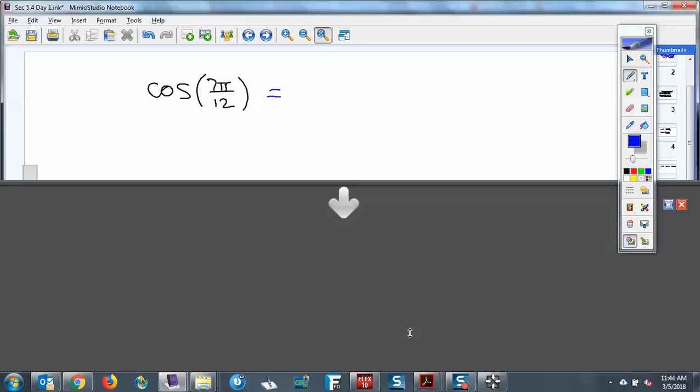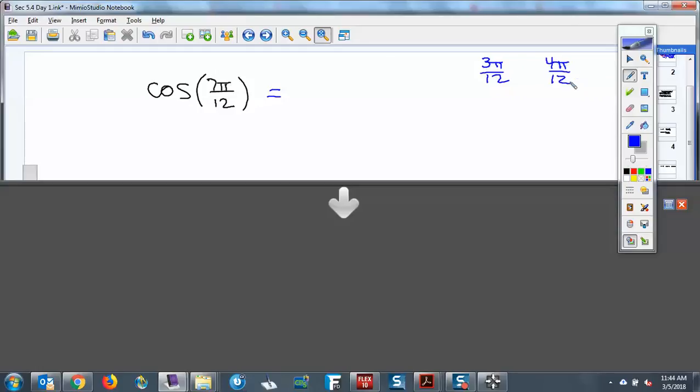What would add up or subtract to 7 pi 12ths? If it's in radians, we want to stay in radians. If it's in degrees, we want to stay in degrees. Now, of course, you want them to be nice numbers.